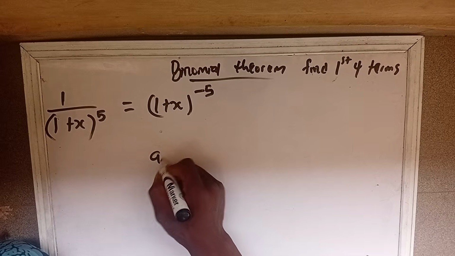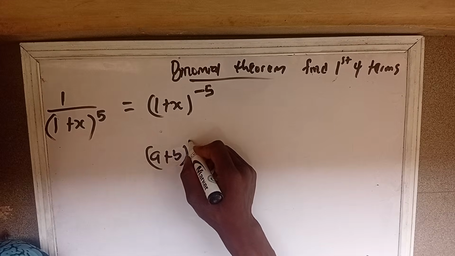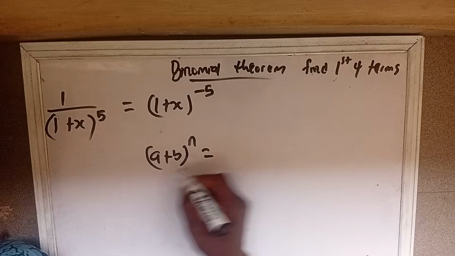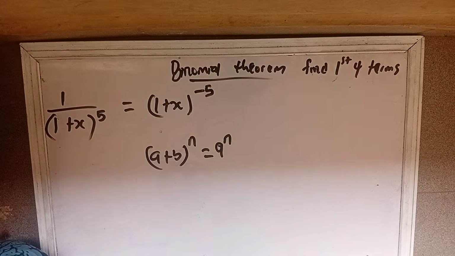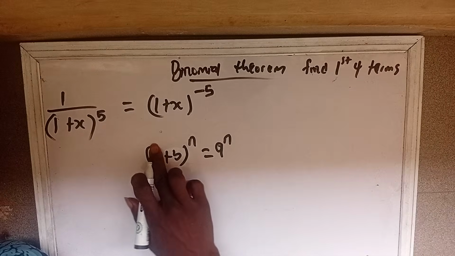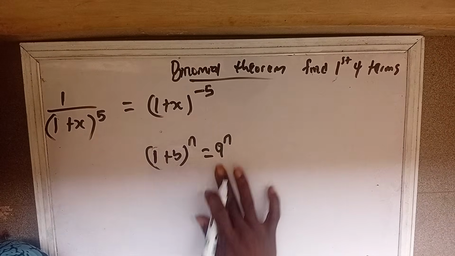The formula is for binomial expansion. If you have a plus b raised to the power n, the expansion is... let me say 1 plus b raised to the power n rather.